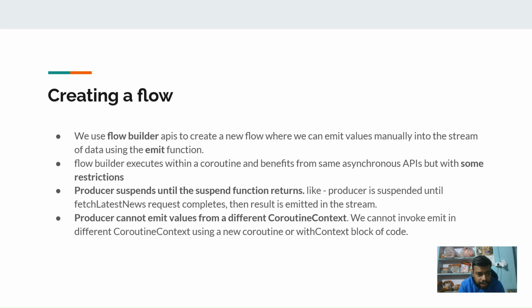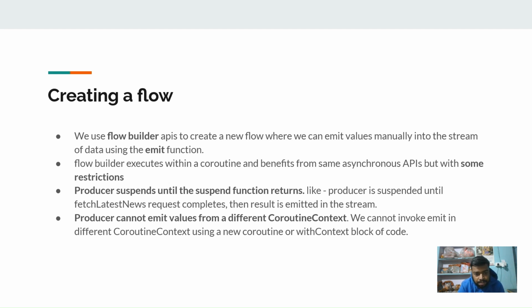Now we'll look at creating a flow. Flow Builder API is used to create a new flow, and the emit function is used to emit data manually into the stream of data. Flow Builder uses asynchronous APIs as it executes within a coroutine, but with some restrictions. Like the producer suspends until the suspend function returns.